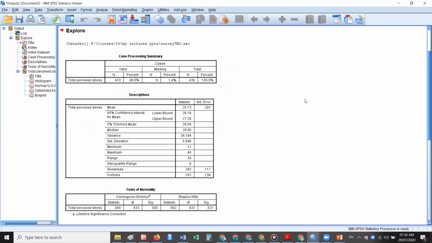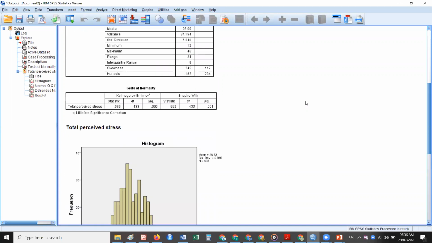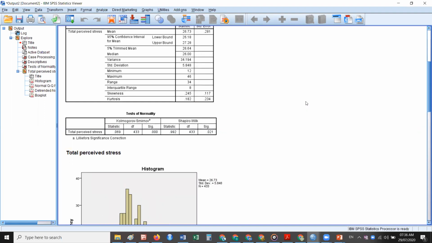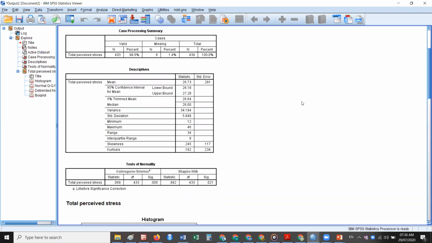These are the outputs. You can see the output. I will explain these outputs using a PowerPoint presentation. There are a few tables.